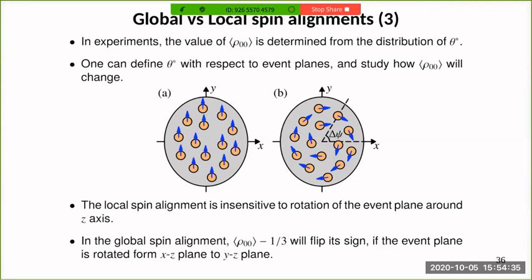Only in central collisions, right? Yes, only central collisions. But you also have a rotational symmetry of 180 degrees around the angular momentum axis. But in this picture, you don't have that, because if you rotate.